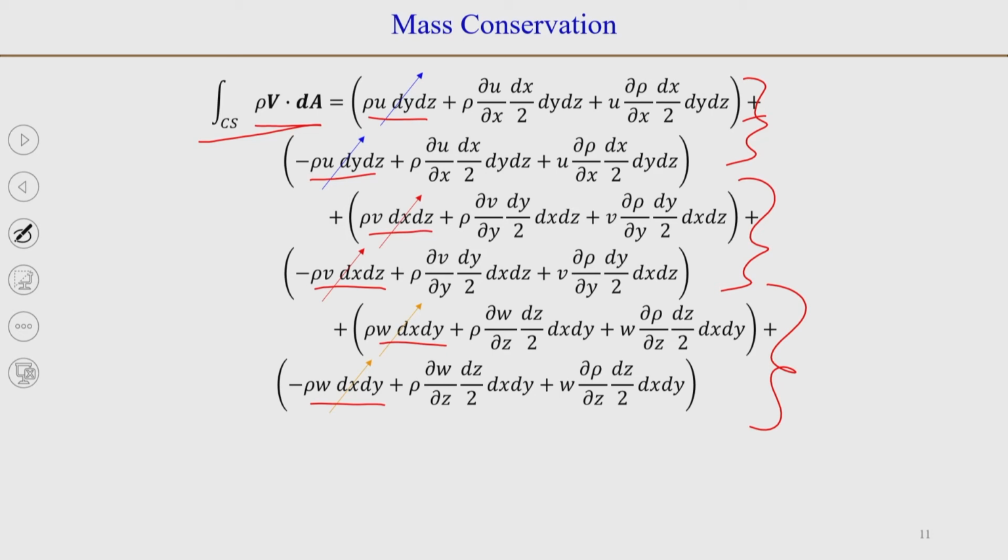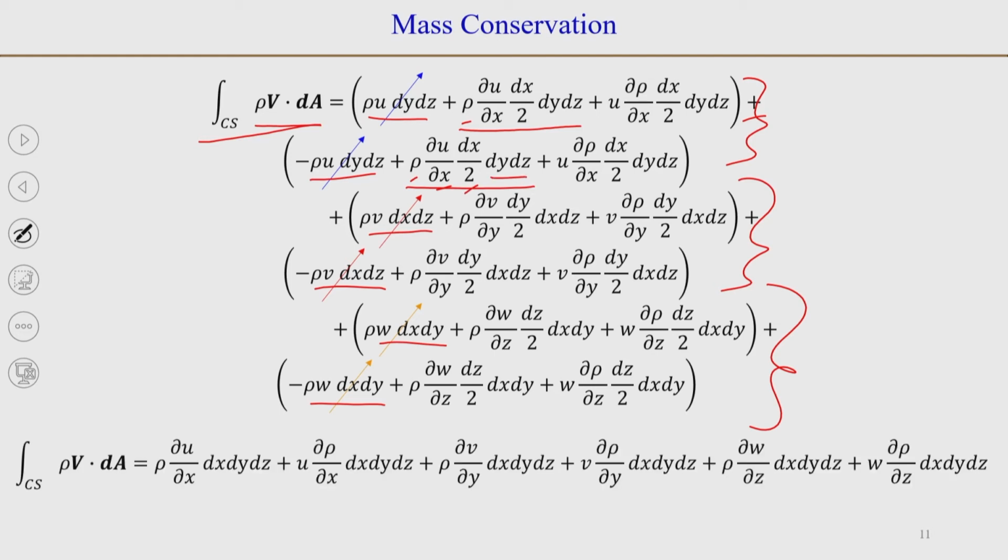So, if we look at the second term of the brackets on the left and right faces, you have the same terms rho ∂u/∂x dx by 2 dy dz. So, when you add them together, you will have rho ∂u/∂x, dx by 2 plus dx by 2 will become dx, into dy dz.